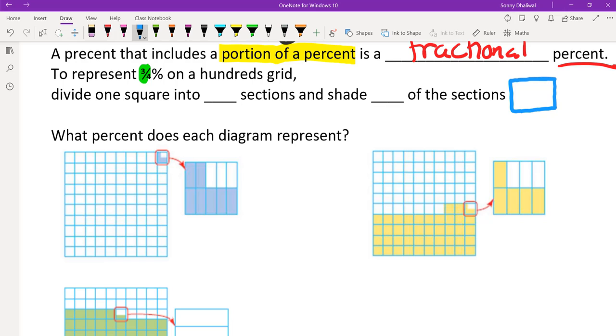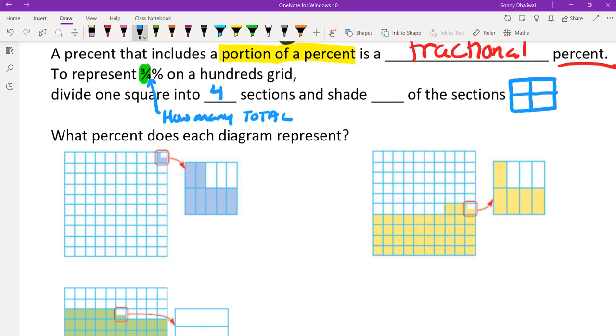There are 4 pieces. So we need to take a percent, one of these boxes, and break it up into 4 pieces. That's what the bottom number tells you, right? Tells you break it up into 4 sections.